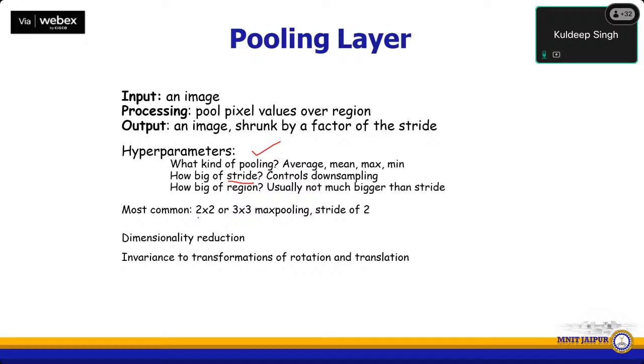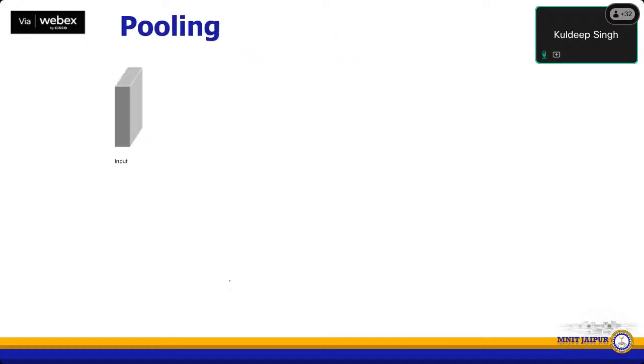The most common dimensions of the kernel here are 2 cross 2 or 3 cross 3. It is used for dimensionality reduction. Also, one important thing to note here is there is an invariance to transformation of rotation and translation. We are preserving the spatial context of the image. We are not distorting the spatial context of the image.